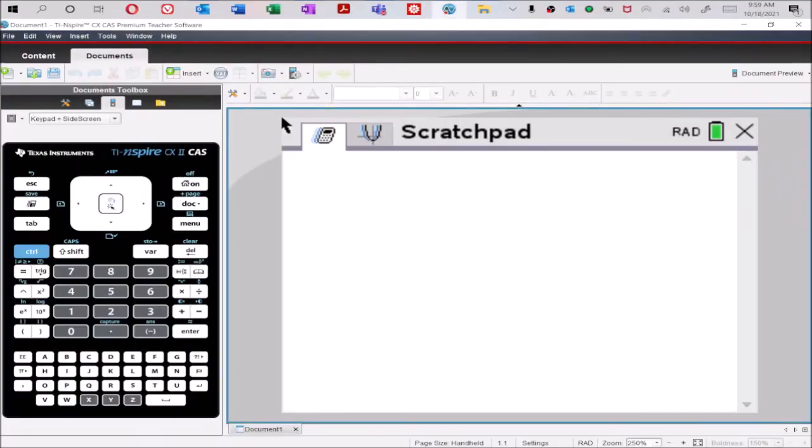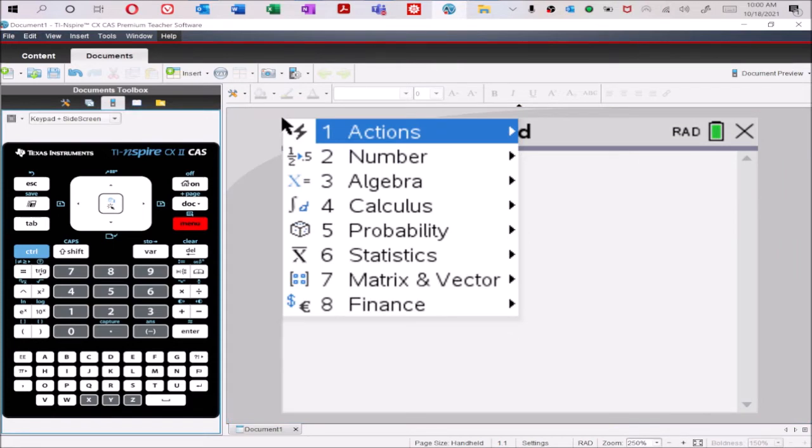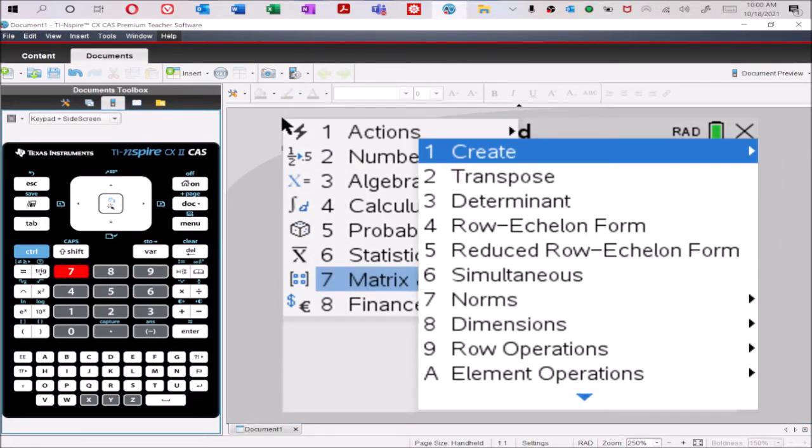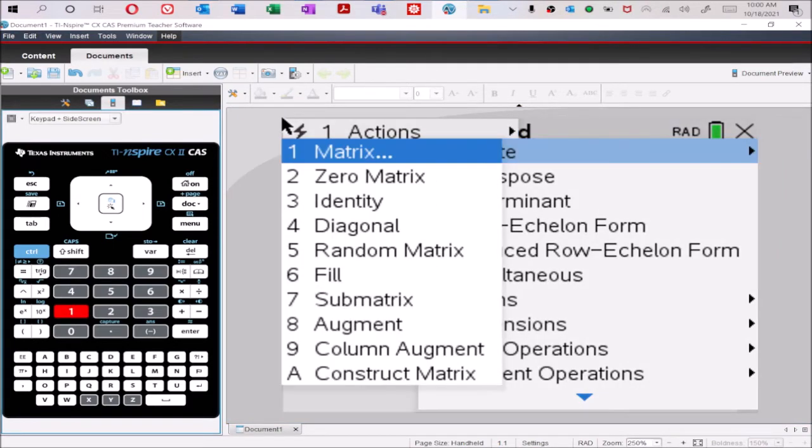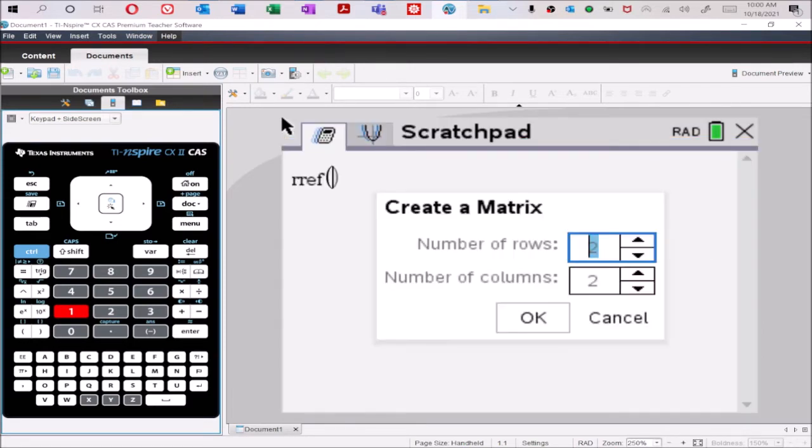So we come over to our calculator, and we want to row reduce a matrix. The command for row reduction is RREF. Now we just have to create our matrix. We come over to menu and want number 7, create a matrix. We have a matrix of 3 rows and 4 columns.